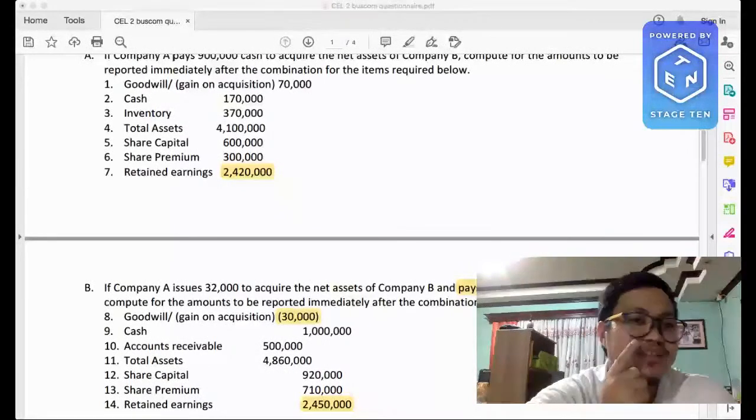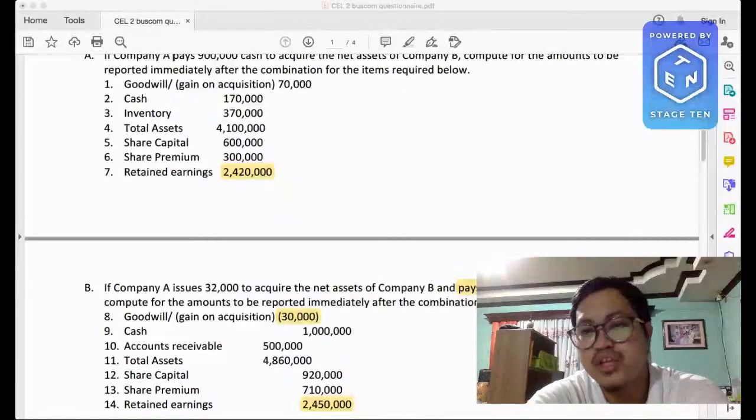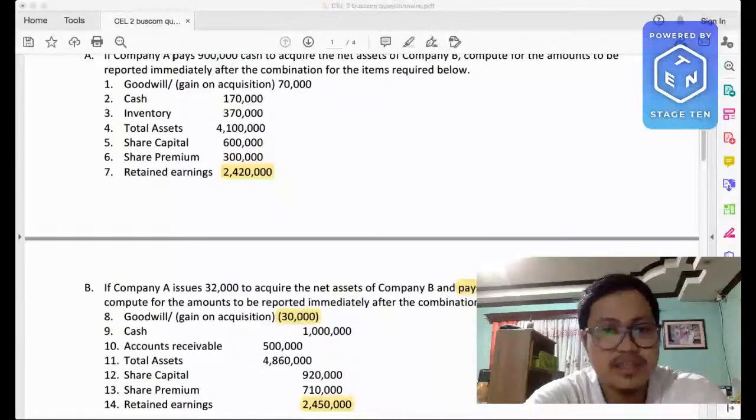And what asset is normally forgotten by students, class? It is the resulting goodwill from the business combination. Because the trial balances that will be provided in the problem will not provide a line item for the goodwill, because the trial balances that are given are for the amounts immediately before the combination, and the goodwill only arises as a result of the combination.